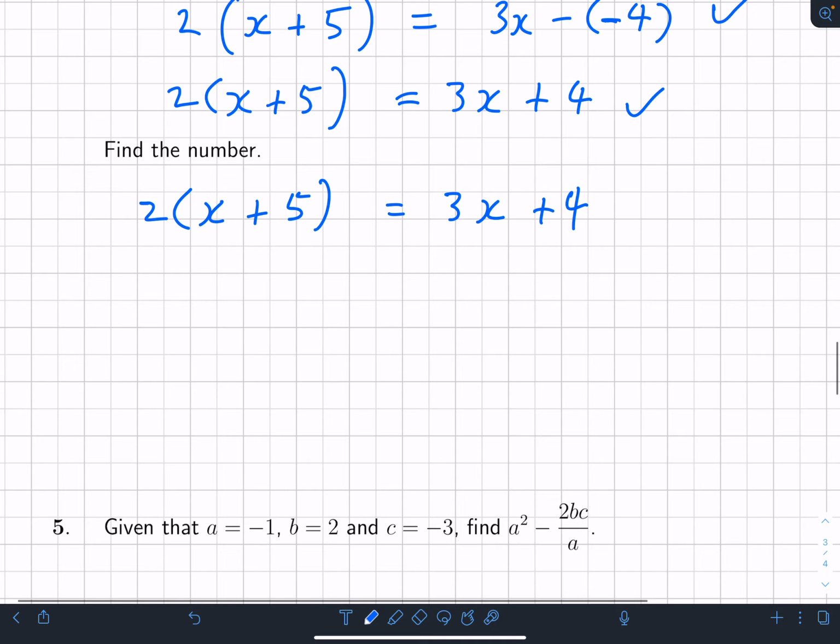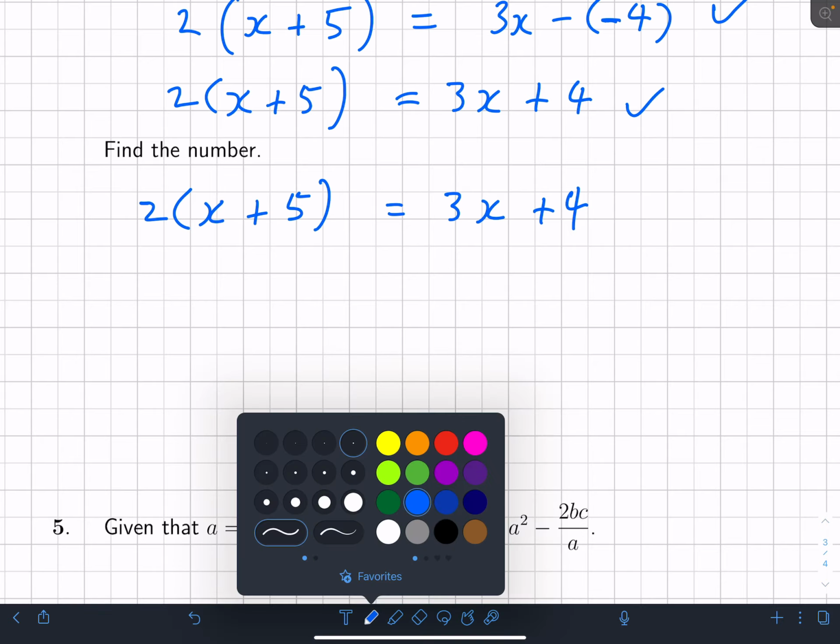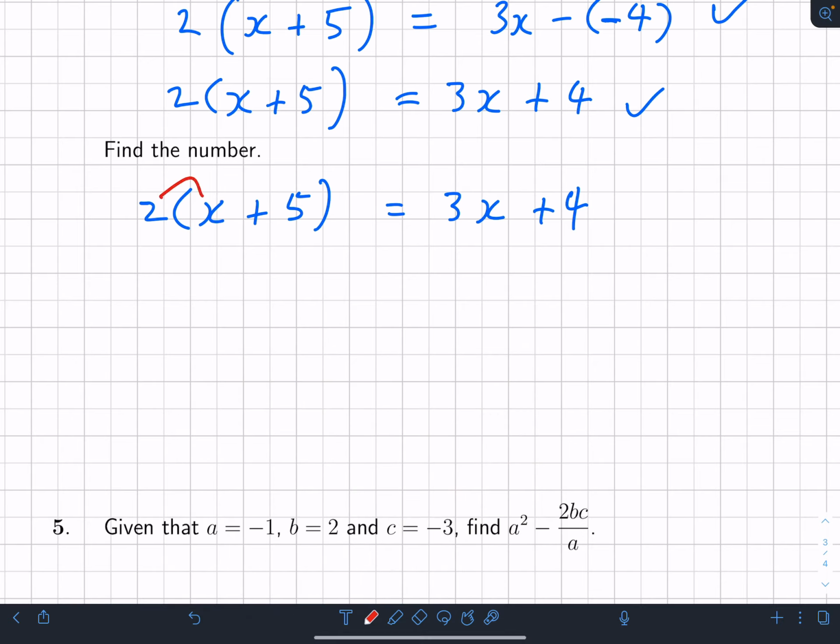Okay, so whenever you see brackets, you want to expand them. So we're going to expand 2 times x and expand out 2 times 5. And so that will give us 2 times x is 2x, and 2 times 5 is 10. And so that will equal 3x plus 4.